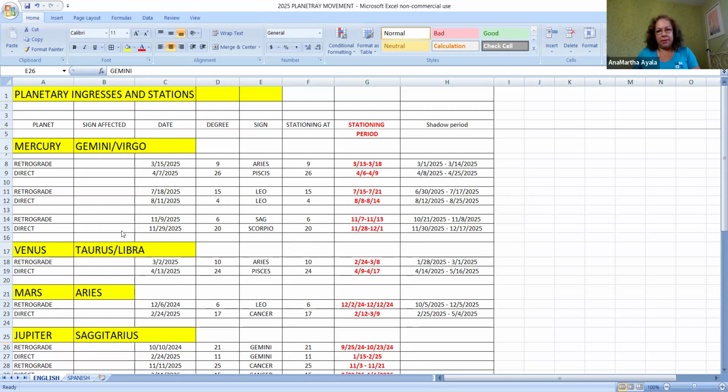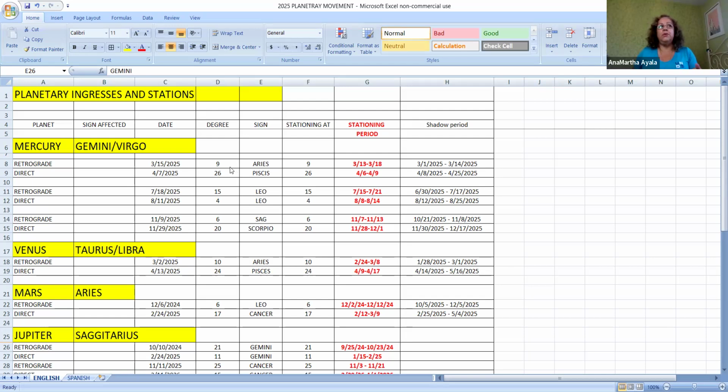Now, what does this mean? What this means or how to use it, okay? If you have planets in Aries plus or minus 3 degrees from 9 degrees of Aries, you are going to get extra activity from Mercury. So we're talking about Aries 6 degrees to 12 degrees.